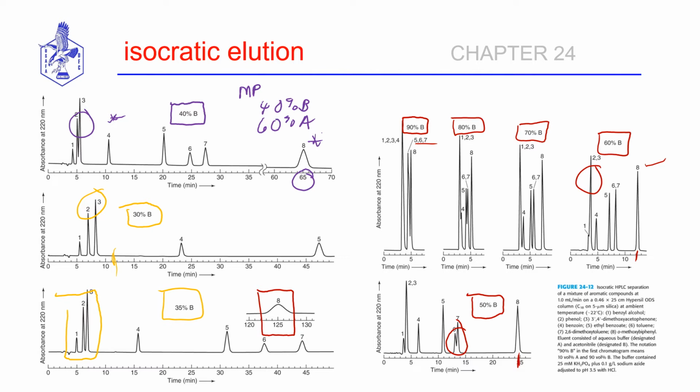Well, obviously, I get very good separation of my early components if I'm conducting the separation around 35% B, and I get good separation of my latter components if I'm running my separation at a higher percentage of B. So the solution is to not just run the separation at a constant composition of my mobile phase mixture, but have the capacity to change that over time.